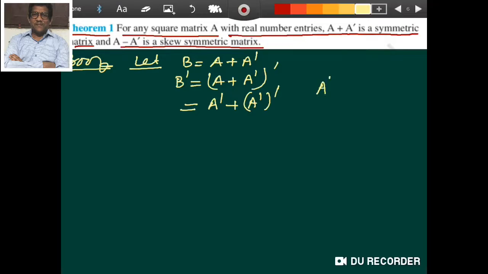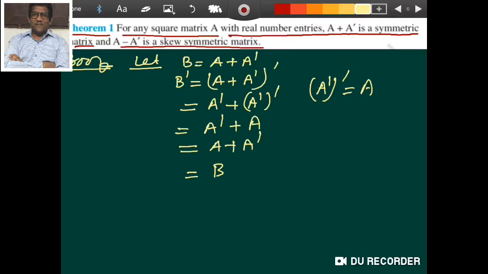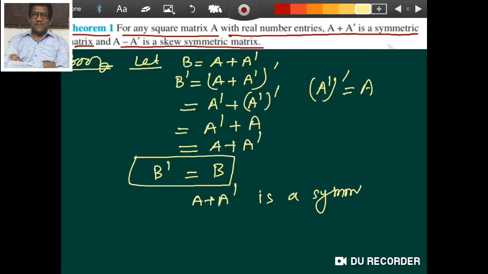We know that A dash dash is equal to A. So we get A dash plus A. Since matrix addition is commutative, A plus A dash gives B. So B dash is equal to B. This implies that A plus A dash is a symmetric matrix.